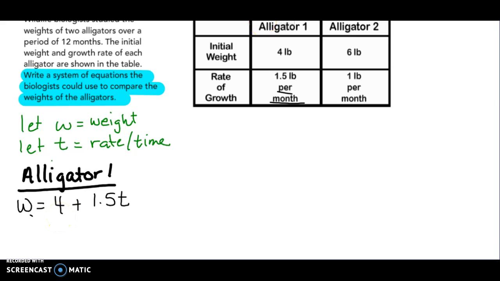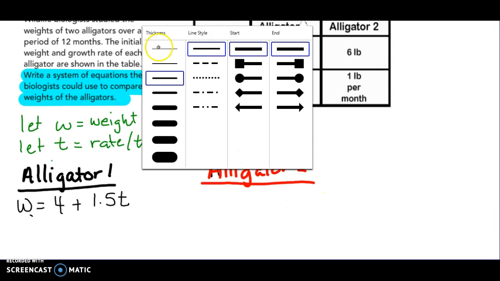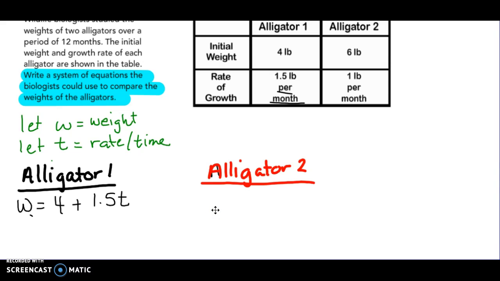Well, let's look at the second alligator. So we'll do that in red. So alligator 2. For alligator 2, let's look at it. Well, we want to compare the weight.